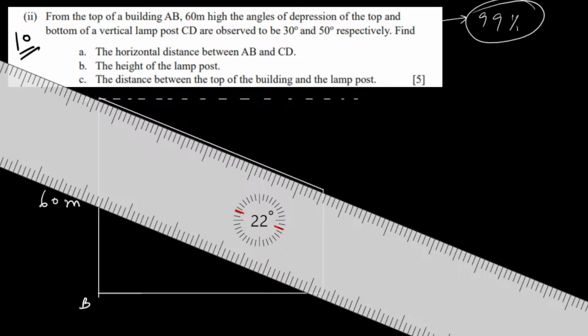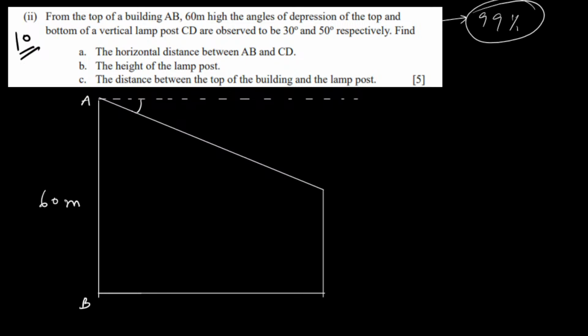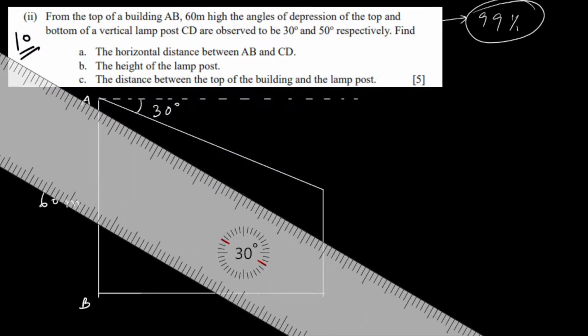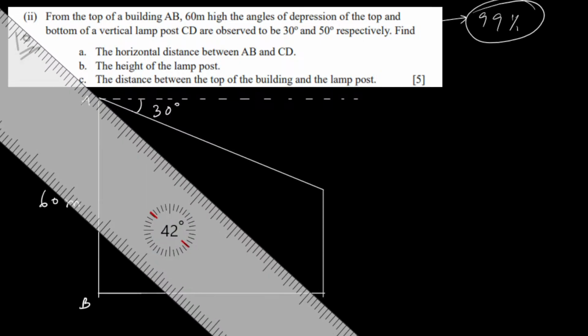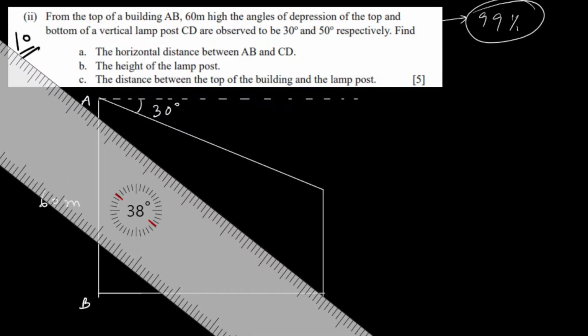So here I'll get one angle, and this angle is 30 degree. Then first with the top and then with the bottom also, the angle of depression with the bottom. So here I'll get the angle of depression with the bottom of the lamp post like this.